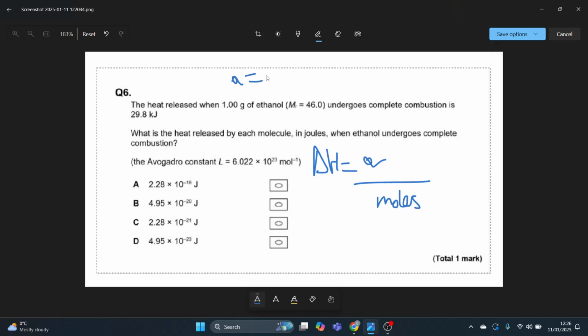So Q equals 29,800, and moles equals mass over Mr. So 29,800 divided by 1 over 46, and then I want released by each molecule. But actually no, heat released by each molecule. I've got the moles, 29,800 divided by 1 divided by 46.